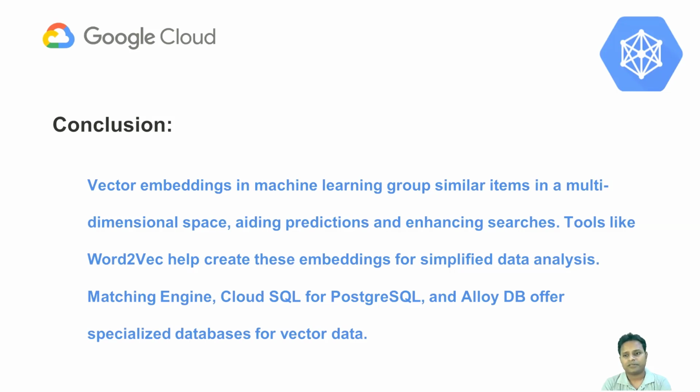They enhance predictions and searches, and have broad applications like fraud detection. Algorithms such as Word2Vec simplify data for computer analysis. Databases like Matching Engine, CloudSQL for PostgreSQL, and AlloyDB cater to vector data needs.